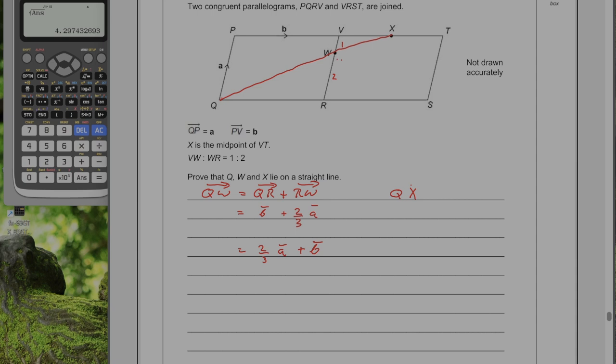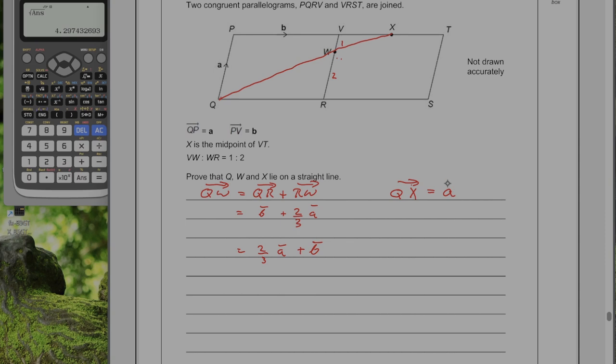Right, now if I look at Q to X, I'm going to go this way. It's going to be equal to A plus B plus a half B, so plus 1.5 B. So I'll put plus 3/2B. I've not explained that particularly well, so let me sort that out.